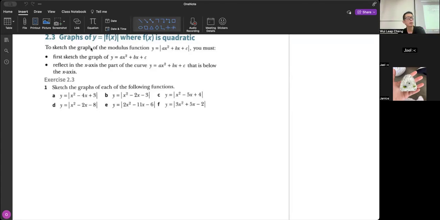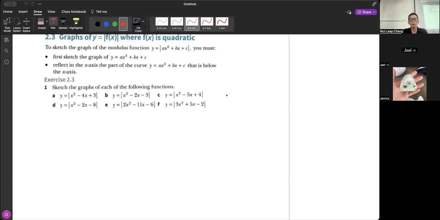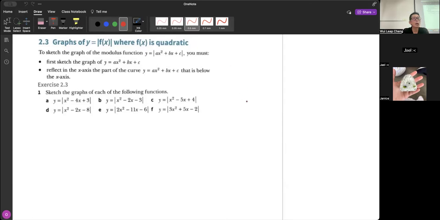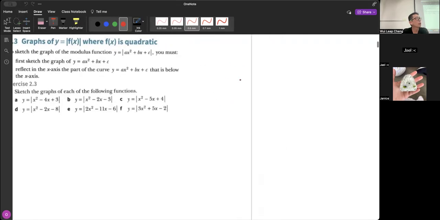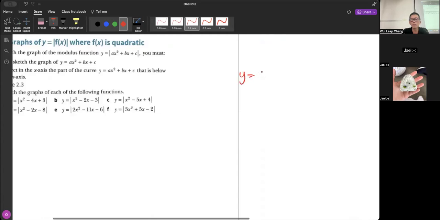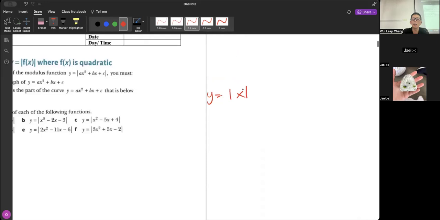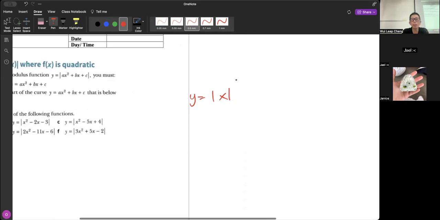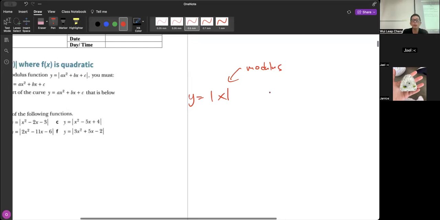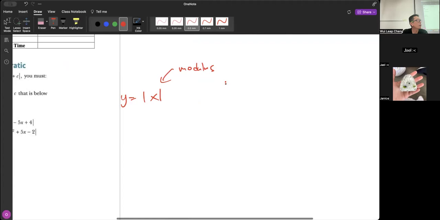Okay, the first thing you need to know is the symbol. Have you seen this symbol before? Do you know the name of this thing? You have not seen before. This is called modulus. So what is the function of modulus? Function of modulus will convert anything negative to positive.